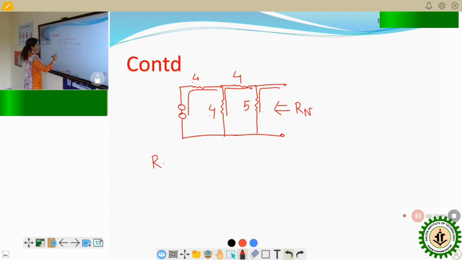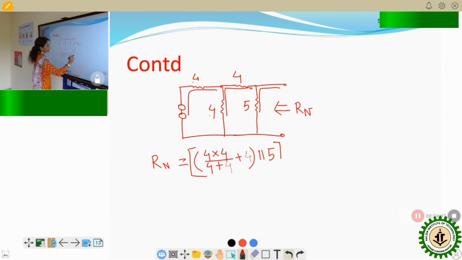So RN will be equal to this, the Norton's equivalent resistance for that network.